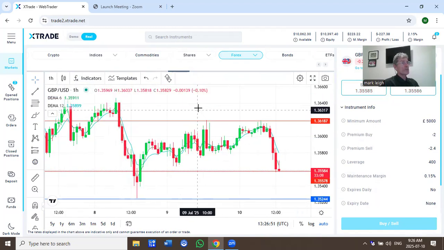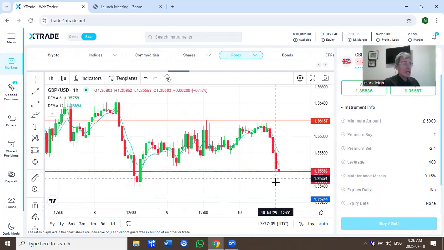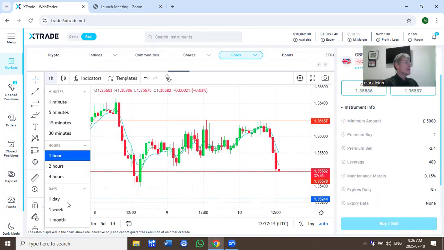There you can see over the past 3-4 hours, support being tested. US dollar strength going into the US session and no turnaround as yet. 1.3558 support and 1.3618 is the resistance.